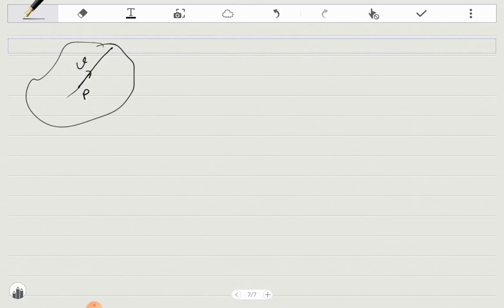But what this says is that if I know in addition that f is differentiable at P, then you don't have to take the straight line. Any curve which passes through P and has initial velocity V will do the job.